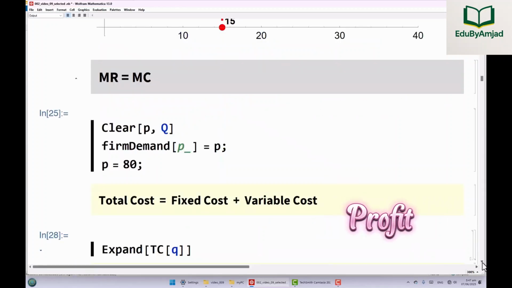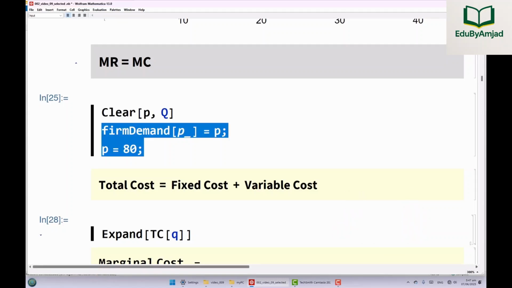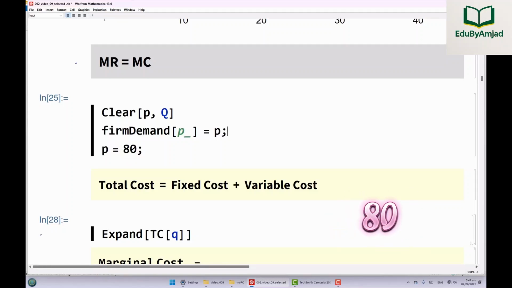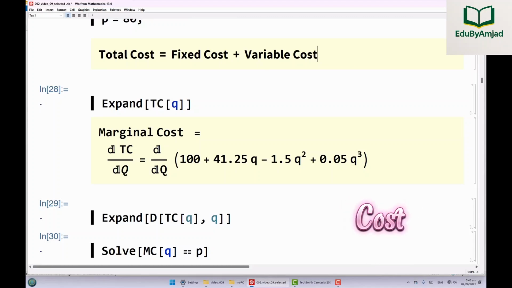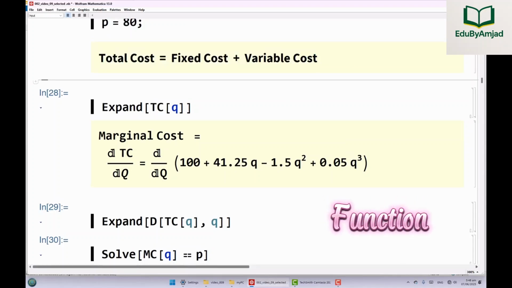To maximize profit, a firm equates marginal revenue to marginal cost. Why? Let's look at it. Assume price is 80. Total cost is the sum of fixed and variable cost given by this total cost function.